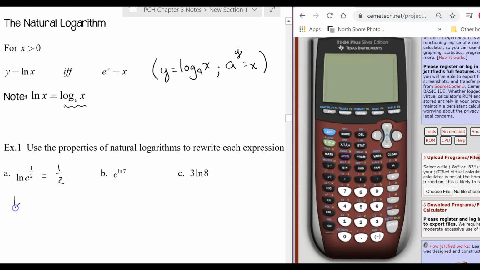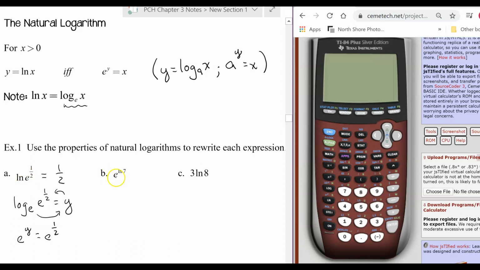If we rewrite this as log base e of e to the 1/2, and then we let that equal y, if we rewrote it, we would have e to the y is equal to e to the 1/2, and using our 1-to-1 property, y would have to be equal to 1/2. Either way you want to think about it is fine. Again, the natural log and the e basically cancel each other out.